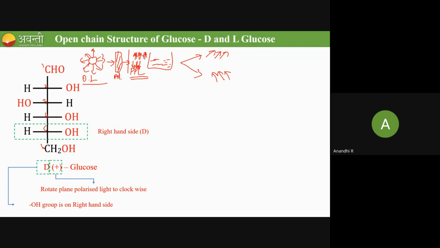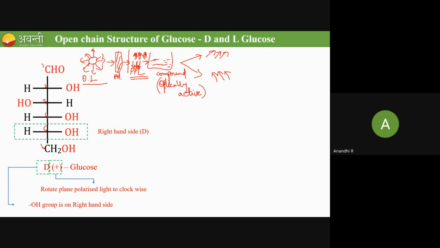And if this plane polarized light is passed through a compound, let me take the given compound as a chiral compound. Chiral compounds are optically active. If I pass this plane polarized light through an optically active compound, it will rotate the plane polarized light in two different directions, because two different compounds are present there.